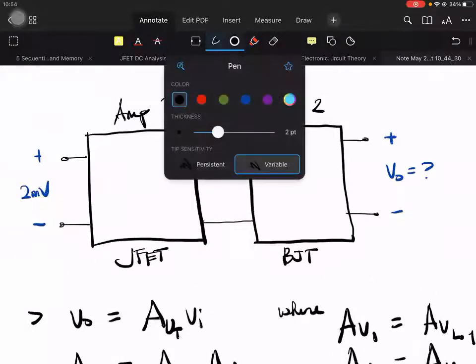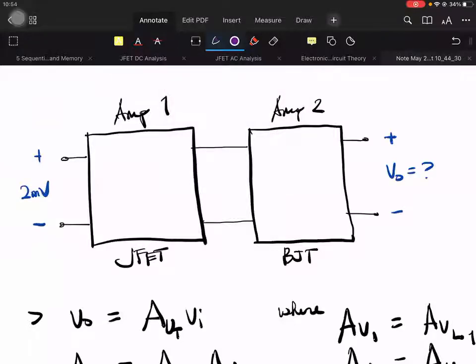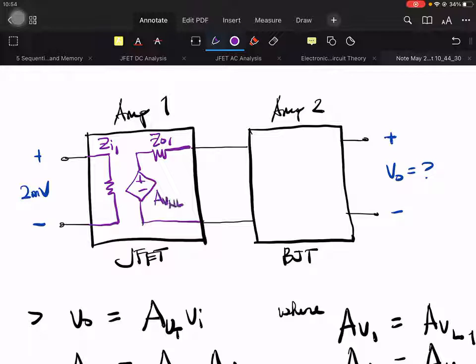So later makuha natin ang mga values: ZI1, ZO1, VNL times VI, AVNL1.